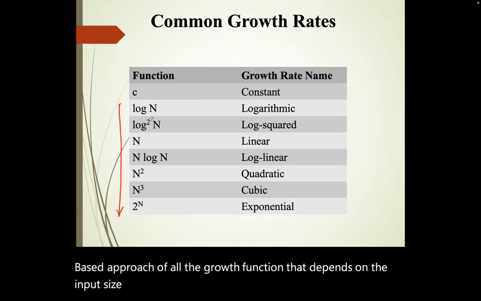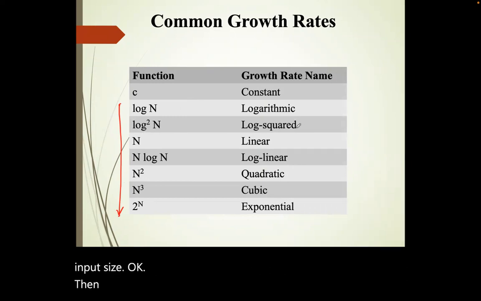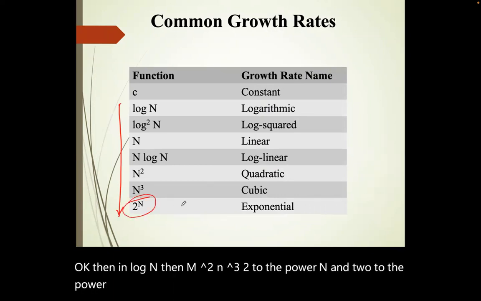Then log square n is going to take a longer time than log n, then n, then n log n, then n square, n cube, 2 to the power n, and 2 to the power n is the worst one.